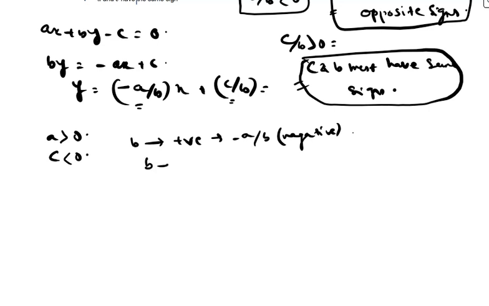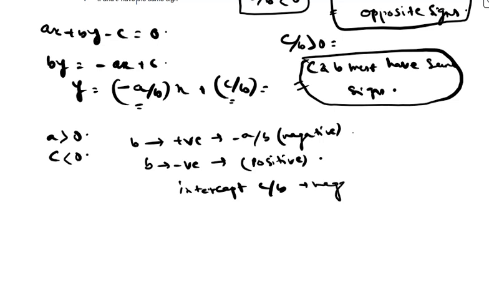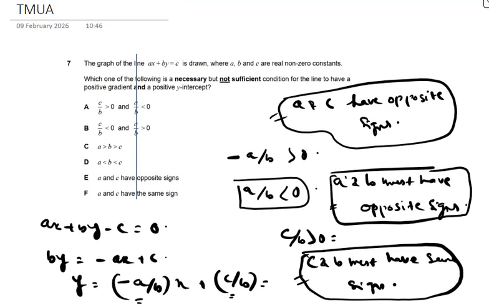If b is negative, the slope is positive, but the intercept c/b is positive too. Let me recheck: with b positive, the slope is negative; so just knowing a and c have opposite signs does not guarantee both conditions. Therefore, this condition is necessary but not sufficient. So the final answer will be option E: a and c have opposite signs.